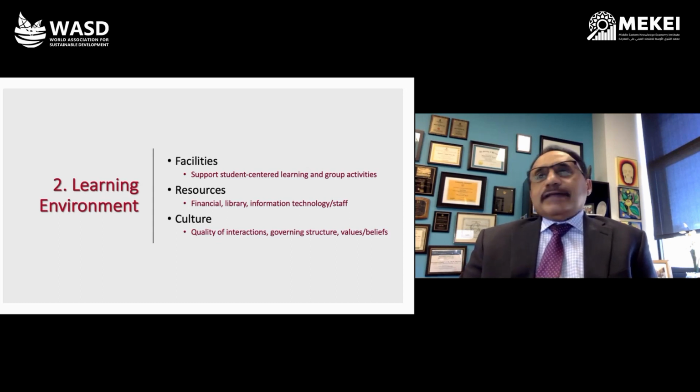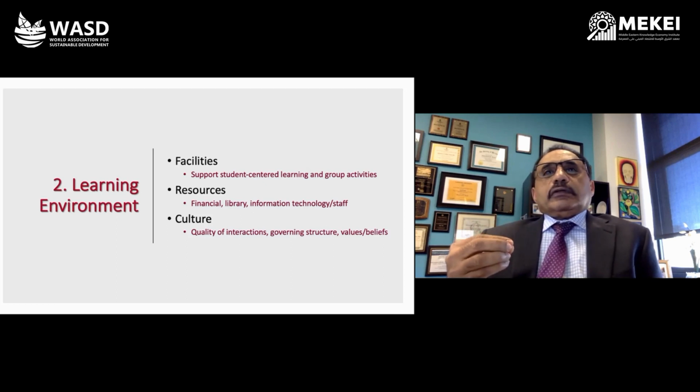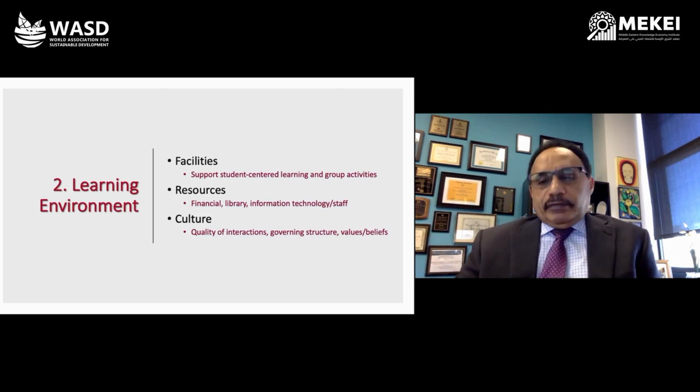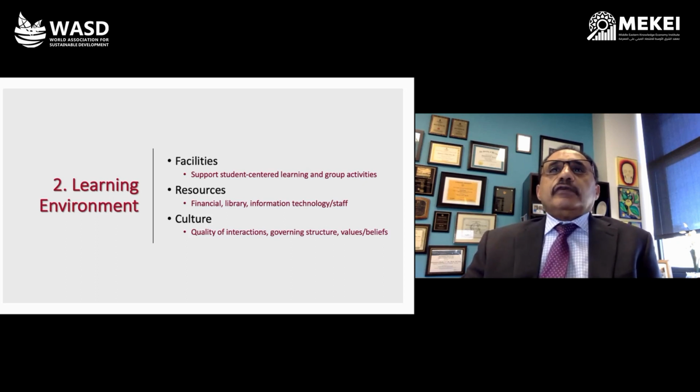The facilities should support effective learning. Most of what's happening right now makes the learner just sit and receive information. You have to involve the learner in the learning process, so you need to design the facilities to support student-centered learning and group activities.